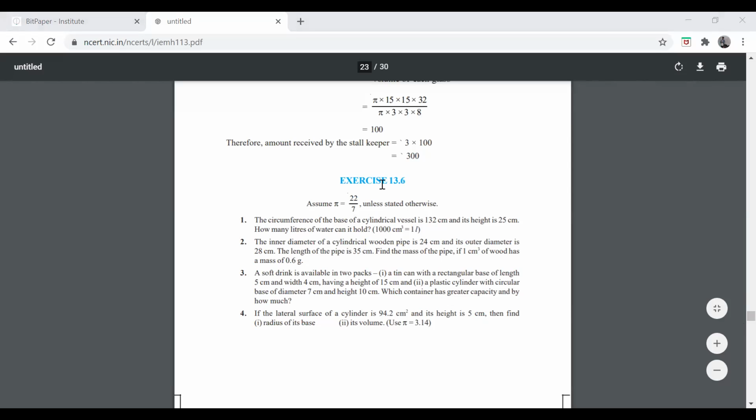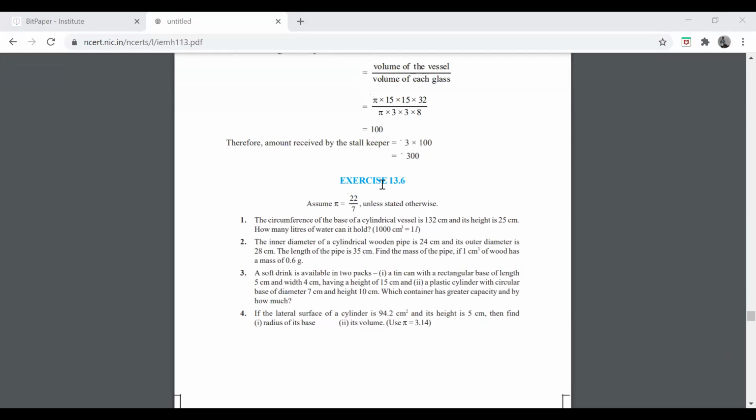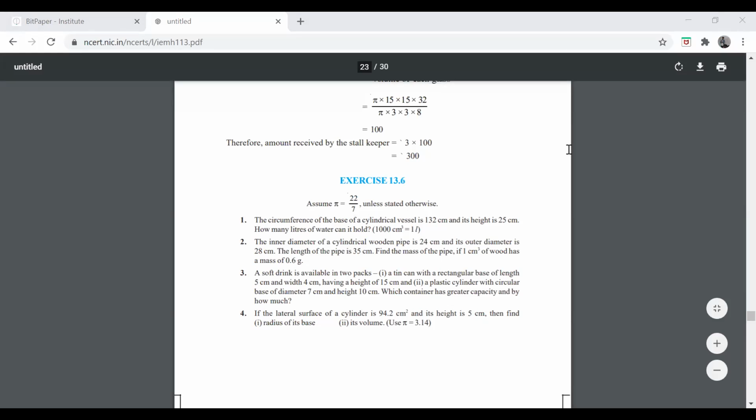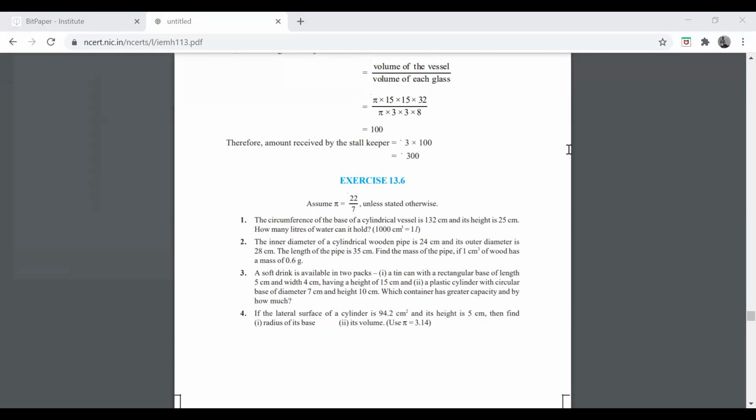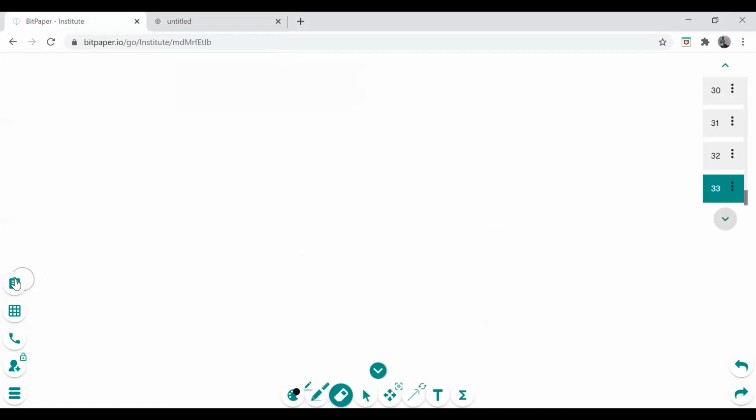Let's screenshot it and add it to our whiteboard. A couple of minutes, but let me add it. Cylinder. And that's saved. Let me move it here.